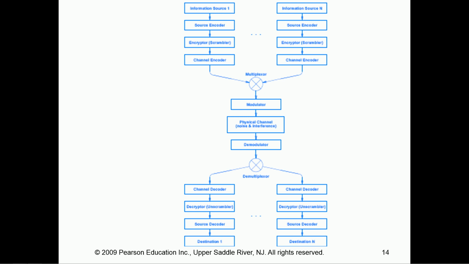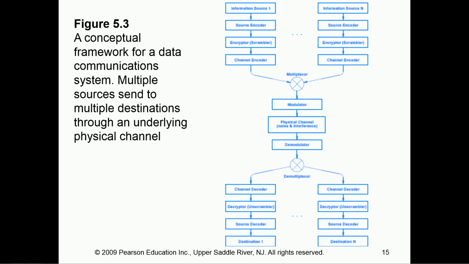A great example is like when you get on the internet. Not all of the bandwidth on your home computer is going to just one location. It's actually being combined and sent over that one wire so that you have multiple connections. Again, this is just a concept framework, so it's not concrete.